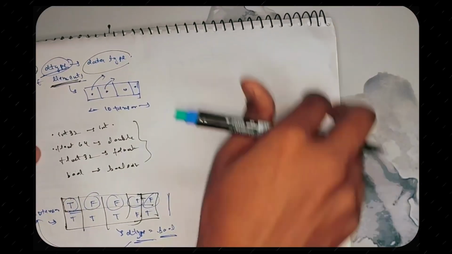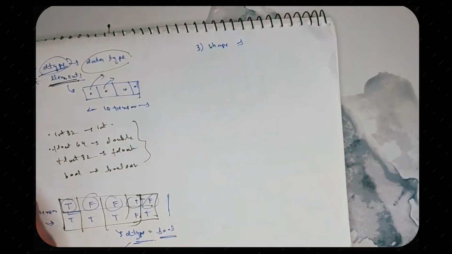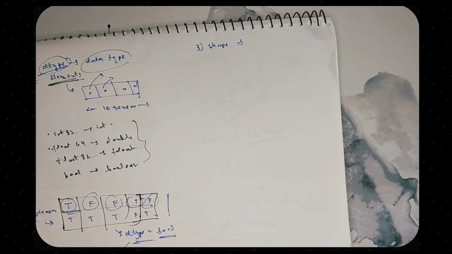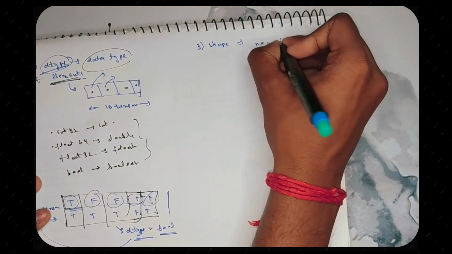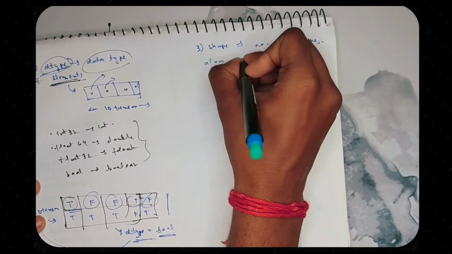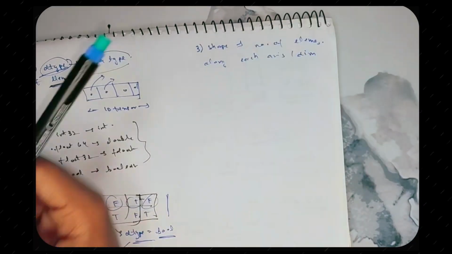Alright, the third one is shape. So this shape is simple. It tells us the number of elements we have along each axis or each dimension, right? So very simple.